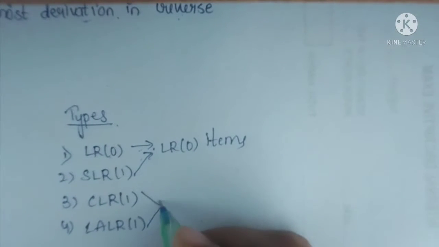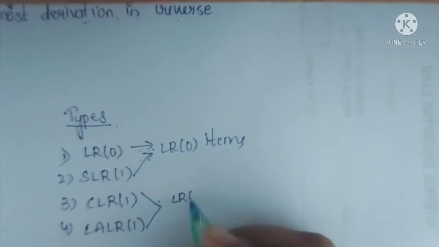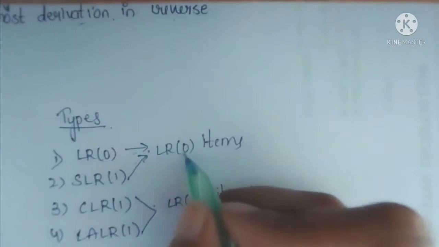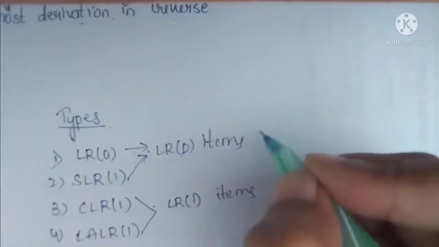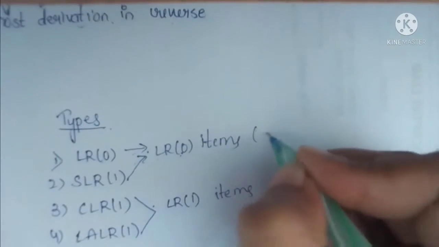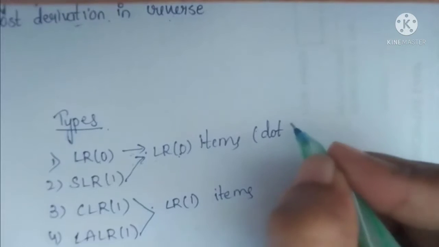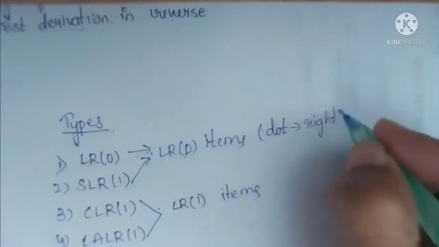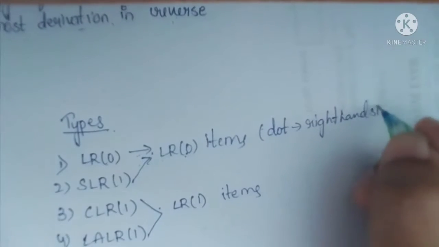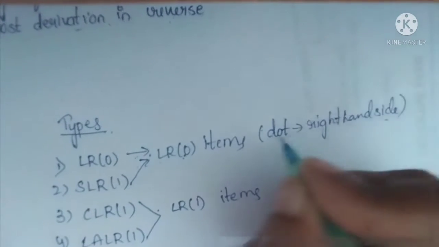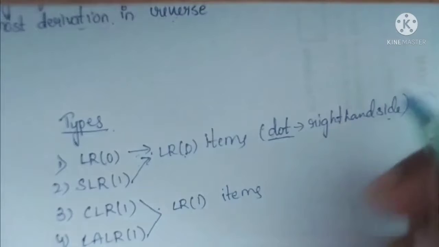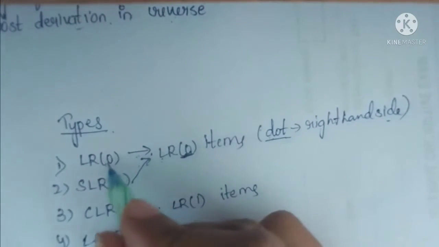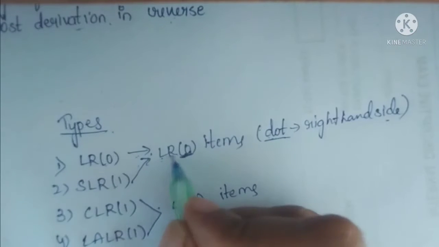What is meant by LR0 items is that for the productions we include a dot on the right hand side of the production. That dot symbol is nothing but the LR0 items. So in LR0 and SLR we include the LR0 items.